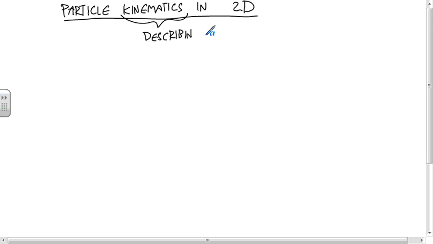We're not talking about any kind of intensity of pushing, intensity of pulling, masses, any of those things. When we start talking about that, that'll be kinetics. So it's just relationships between things that you could get from a video camera.